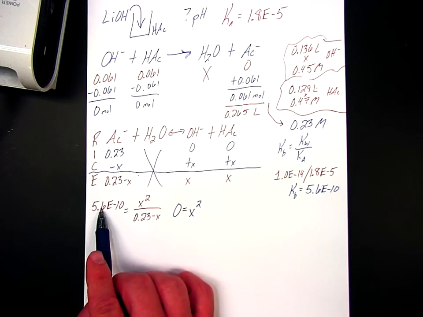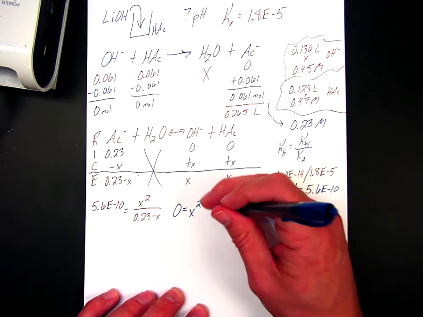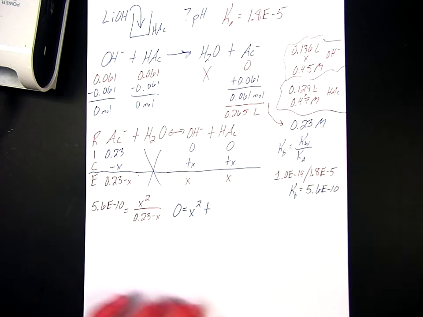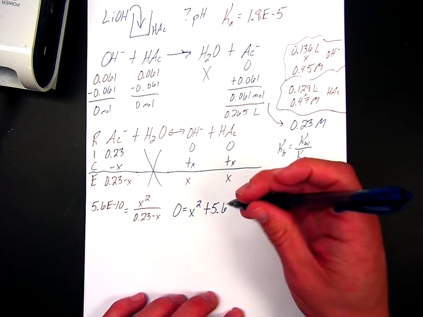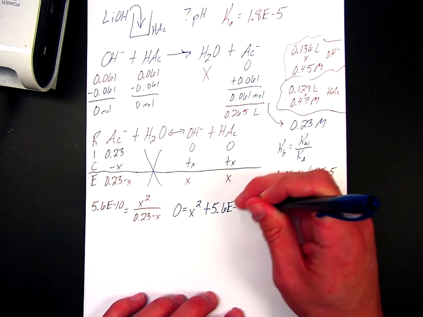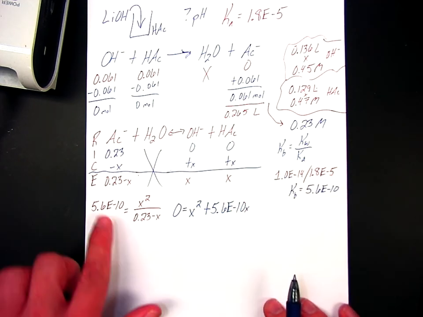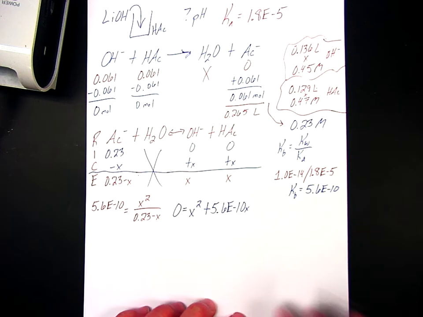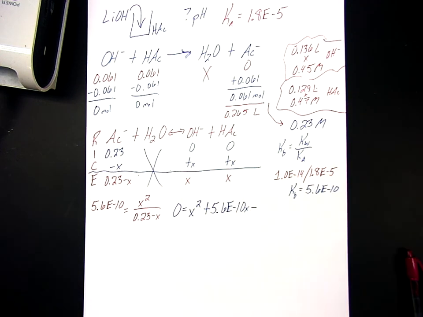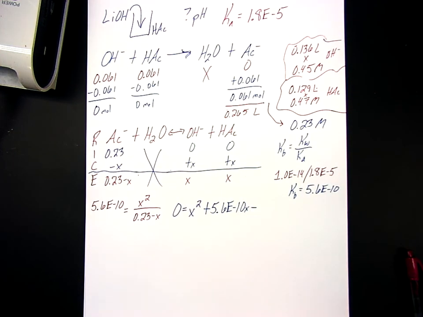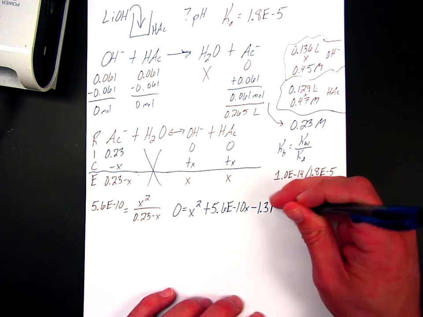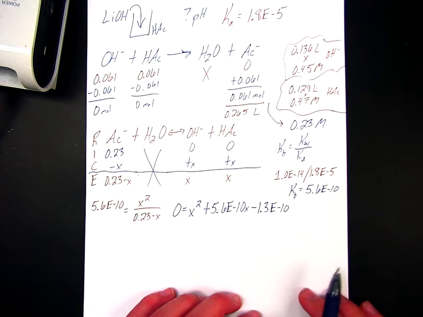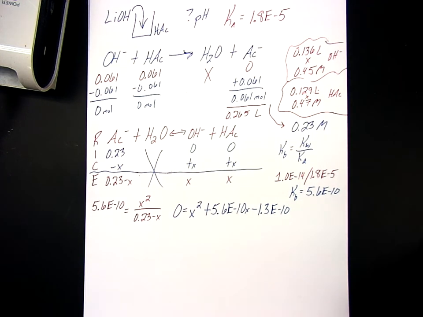So the times the negative X will turn into a positive value, so 5.6E negative 10X. And then as I distribute to that positive, it'll be negative, which again is just doing the pre-algebra there. All right, and I get a value of 1.3E negative 10, which was just times the 0.23.